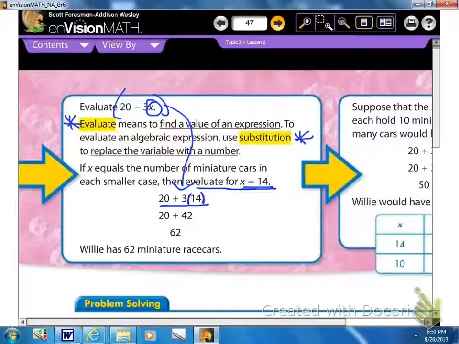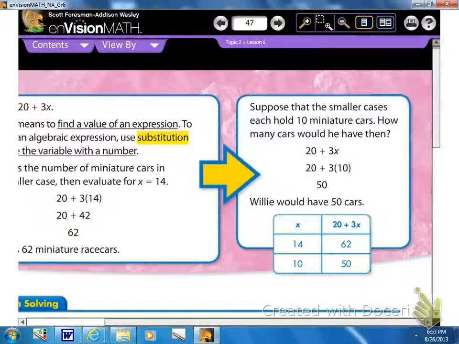Please excuse my dear Aunt Sally, look at your notes, because before you would add, you would always multiply. So they multiply 3 times 14 to get 42, and bring the 20 plus down, add 20 to 42, and they get 62 cars if the small case holds 14 miniature cars in each one.